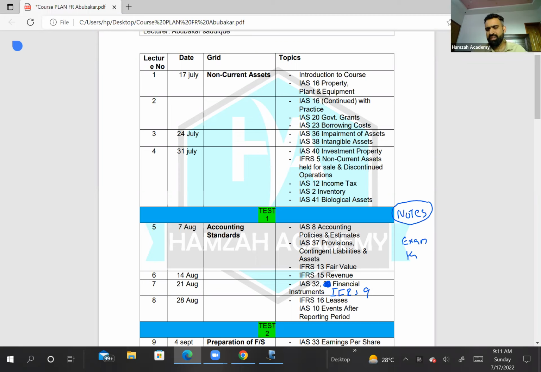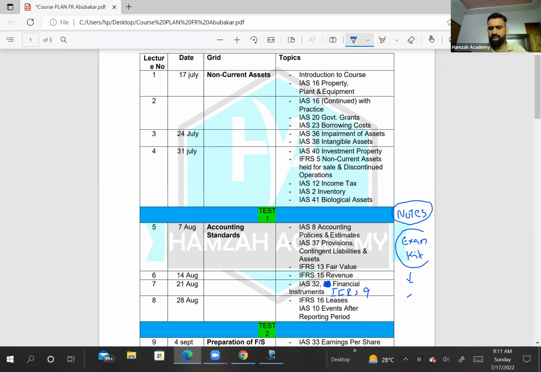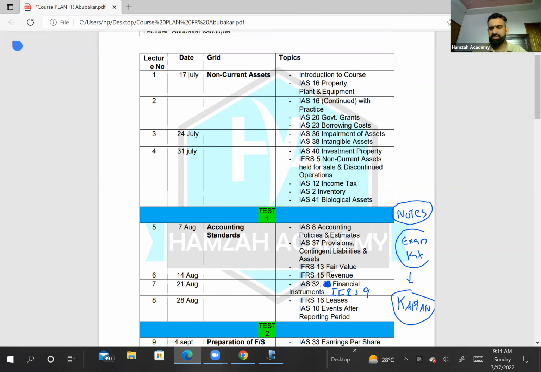As far as the exam kit is concerned, we will use the Kaplan exam kit for FR level, and it will also be provided to you in soft form by the academy. So that will be the study material: notes and the Kaplan exam kit.